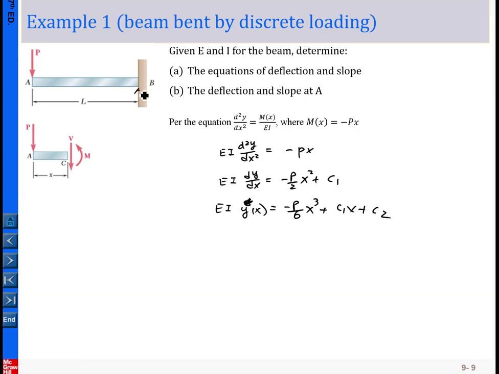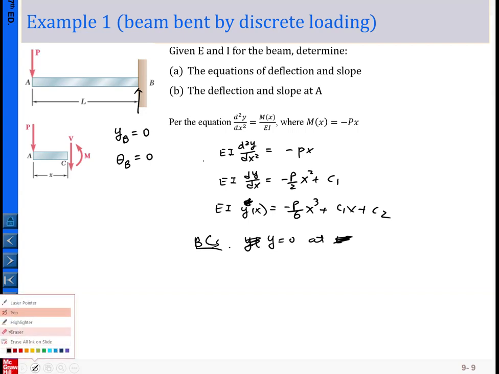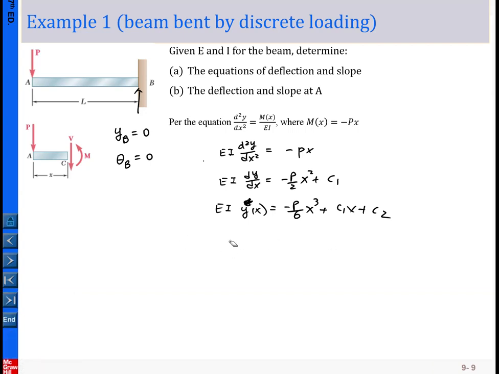The boundary conditions we choose are y at B equal to 0 and the slope theta at B equal to 0. So the boundary conditions are: y equal to 0 at x equal to L, and theta equal to 0 at x equal to L.